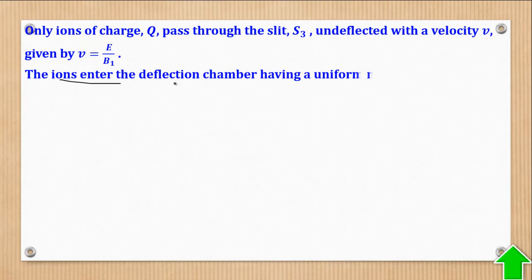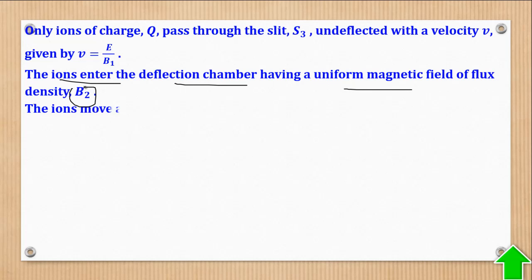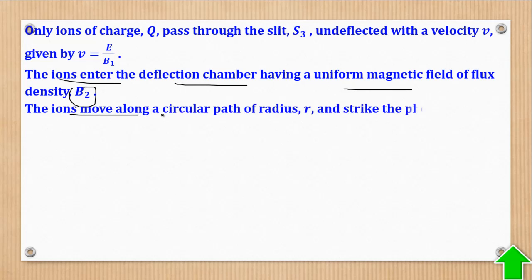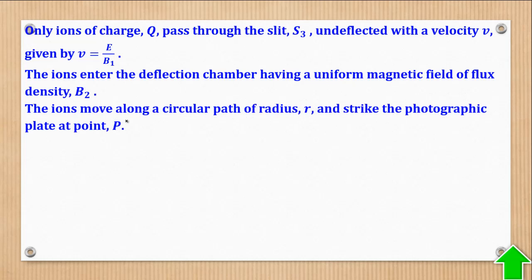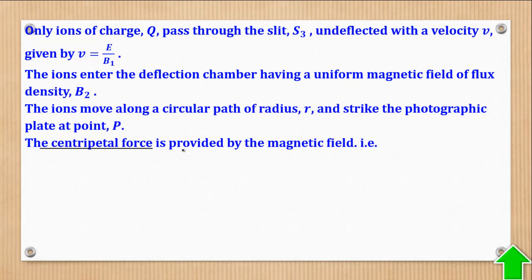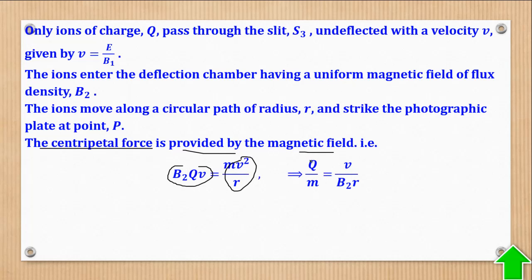The ions enter the deflection chamber having a uniform magnetic field of flux density B2, and these ions move in a circular path of radius r and strike the photographic plate at point, say, P. The centripetal force is provided by the magnetic force, implying that B2qv is equal to the centripetal force.